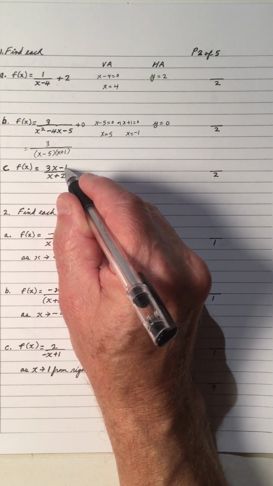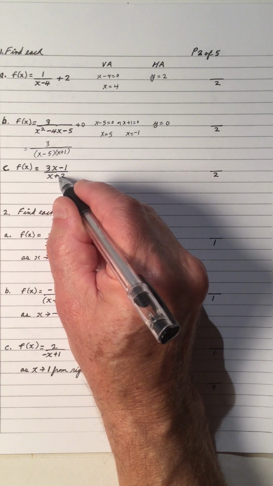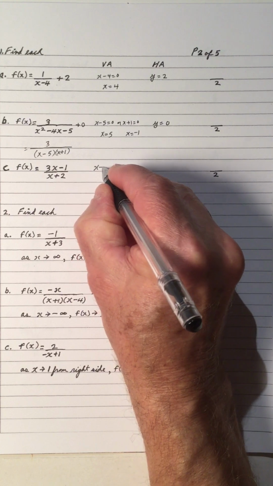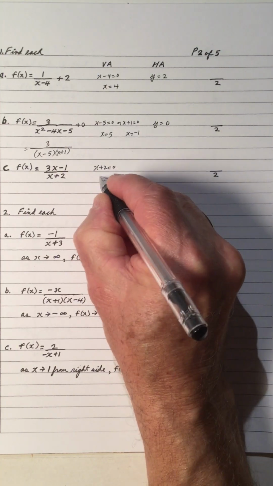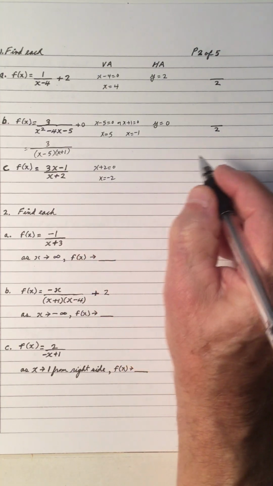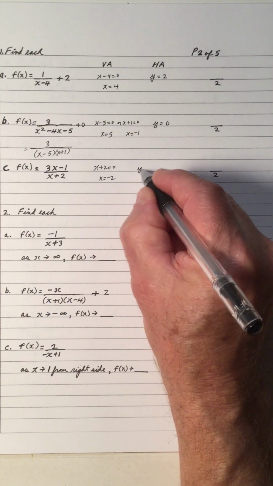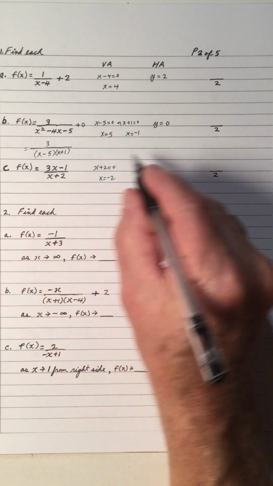3x minus 1 over x plus 4. So the vertical asymptote is when you make your denominator 0. So that means x equals negative 4 is your vertical asymptote. And your horizontal asymptote, so let's make this f of x a y.